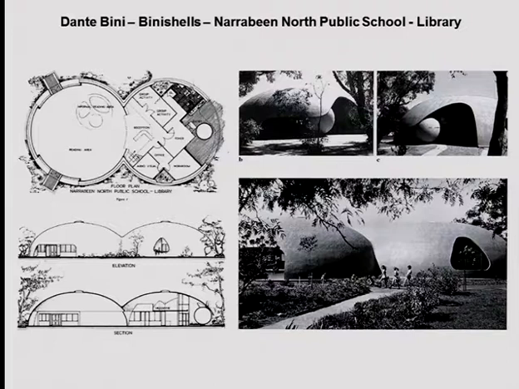This is an Italian architect, Dante Bini, who started that in 1964. Then he went to Columbia University, and he made a prototype over there, which went to the New York Times. And then the New South Wales State Department of Public Works decided to call him to design and construct school facilities. So basketball courts, multipurpose centers, libraries.